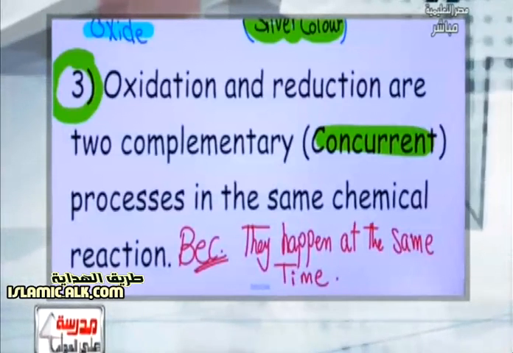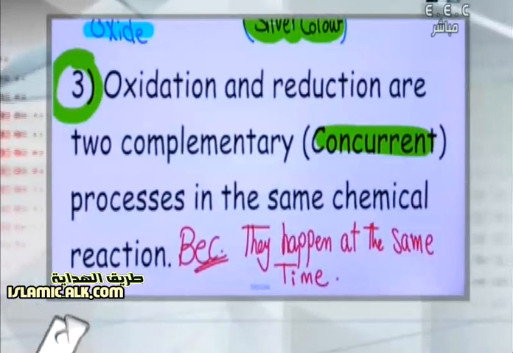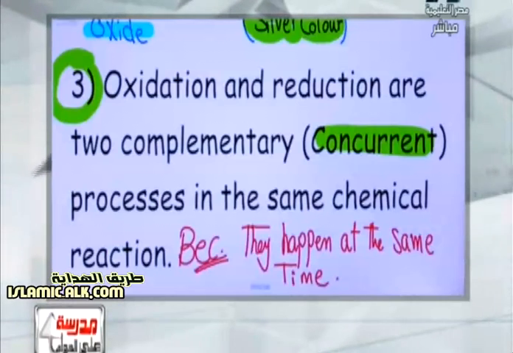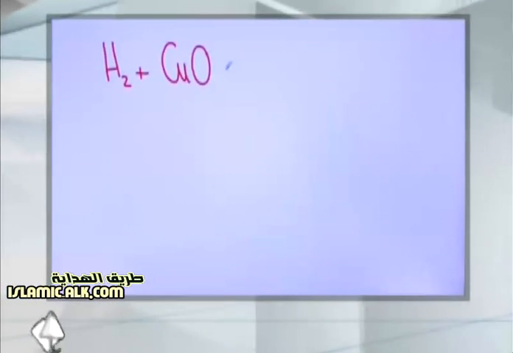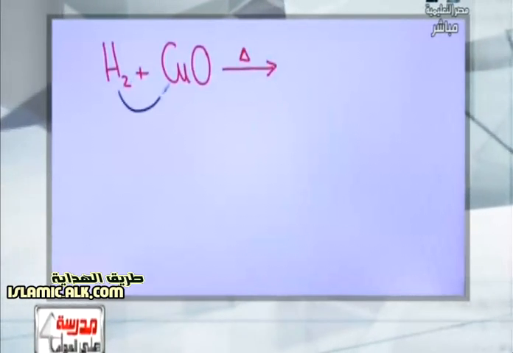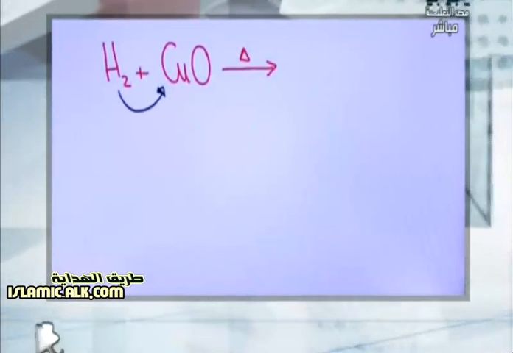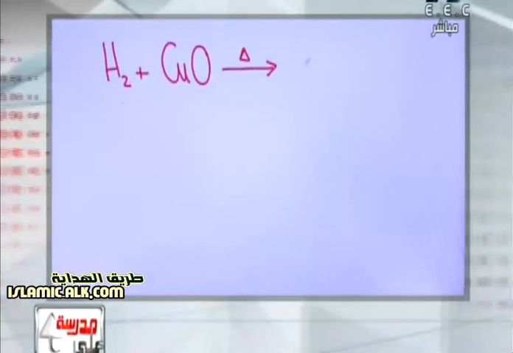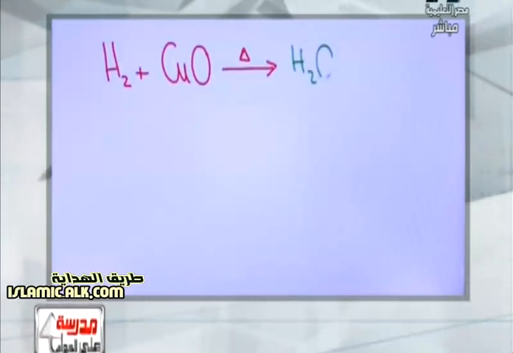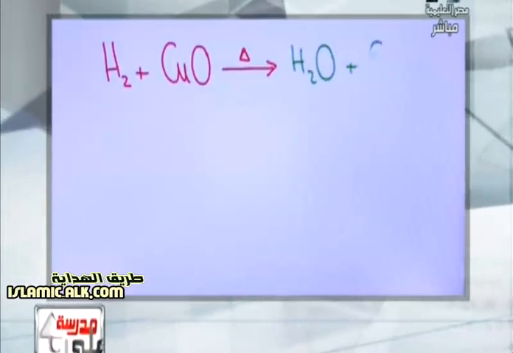Oxidation and reduction happen at the same time, as in a reaction, for example, between H2 hydrogen and copper oxide. We know hydrogen is more active than copper, so hydrogen can replace copper. So here we have formation of H2O plus Cu as copper.